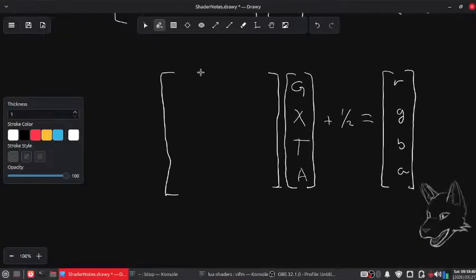So, what goes in here? So we know that if this is G, right? One, two, three.